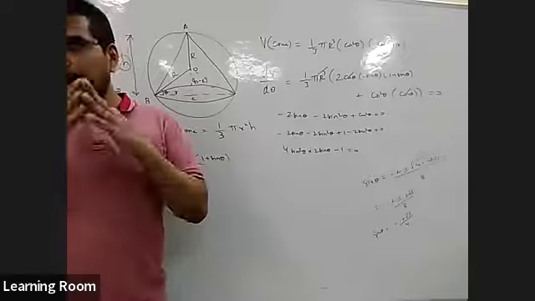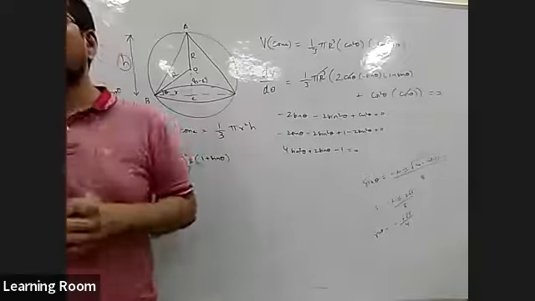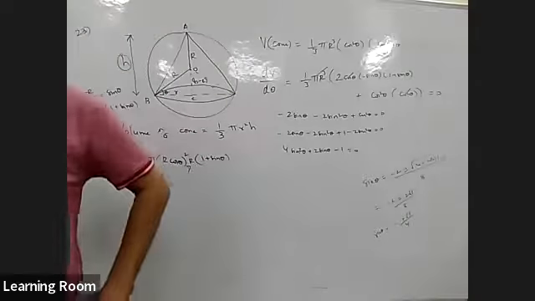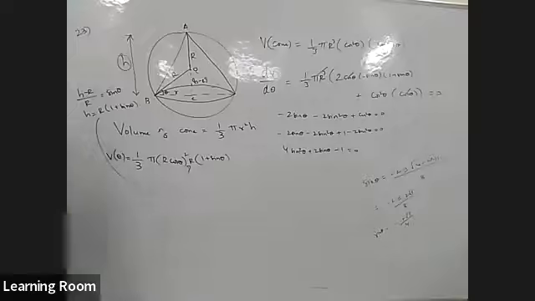Okay. So you take a cone of fixed volume. What is the volume of the cone? 1 by 3 pi r square h. The challenging part is framing the equation.